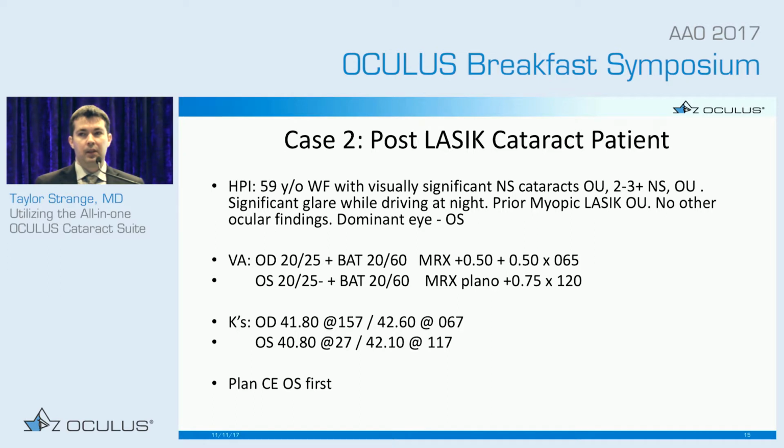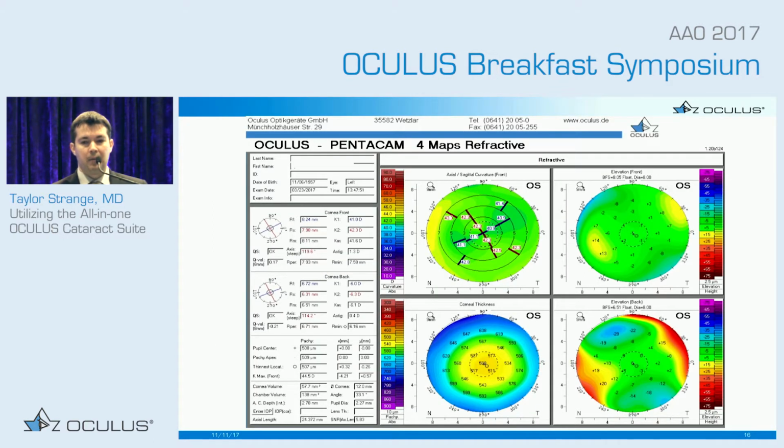In the second case, post LASIK, we see a lot of these patients that are coming of cataract age. Here I have a 59-year-old female with visually significant cataracts, and she's had prior myopic LASIK in both eyes. Her dominant eye is the left, and there's more astigmatism in her left eye, and that's the eye I'm going after first. Looking at her refractive map, she's got an axis of about 120, oblique astigmatism.